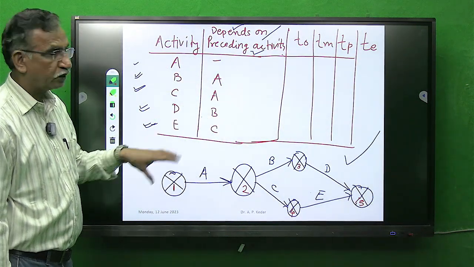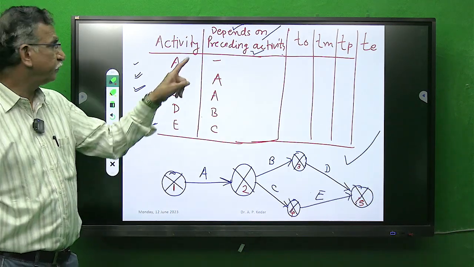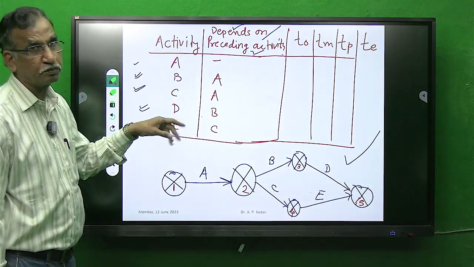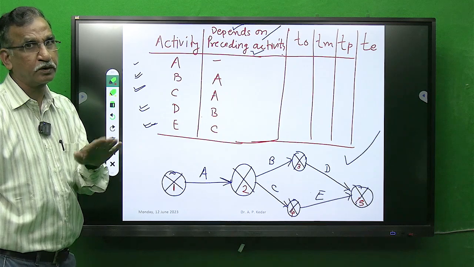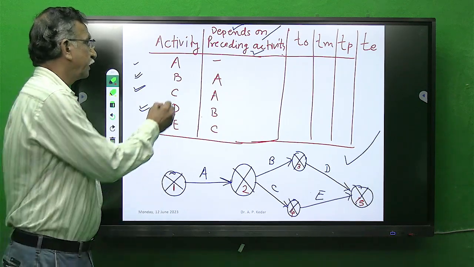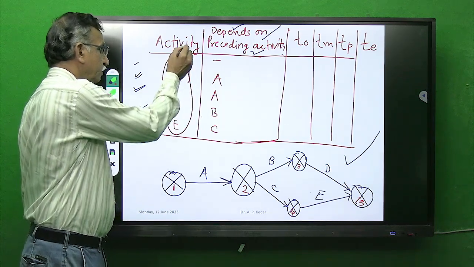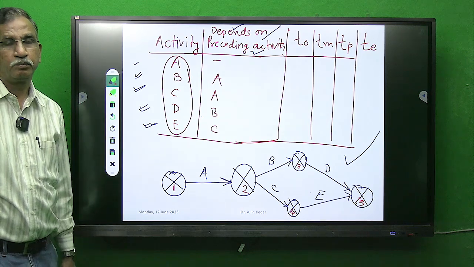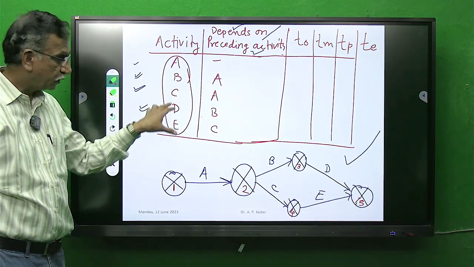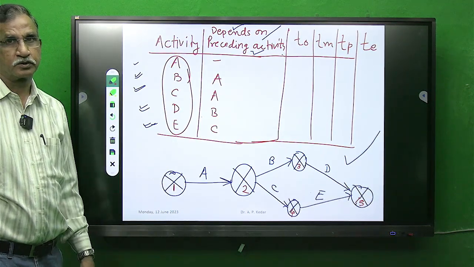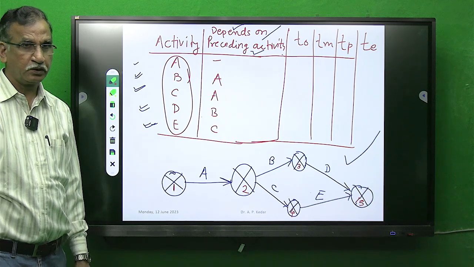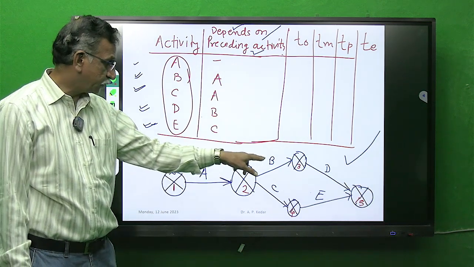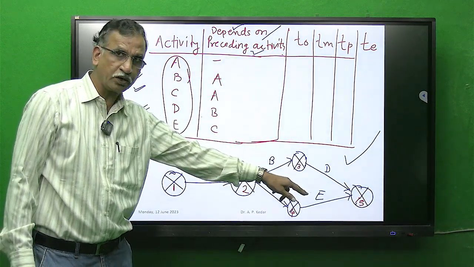Now in the earlier problem, activities were given in terms of event numbers, 1-2, 1-3, 1-4, like that. Here activities were posted in the form of alphabets, A, B, C, D, like that. So we have written the name of the activity above the arrow.